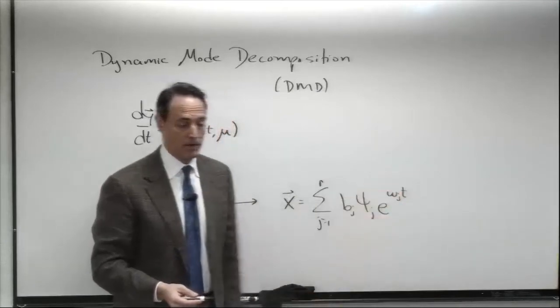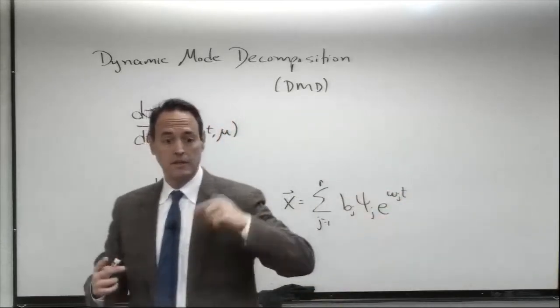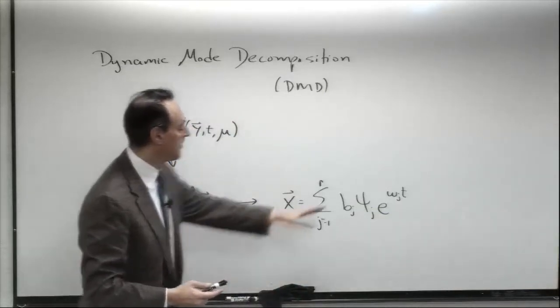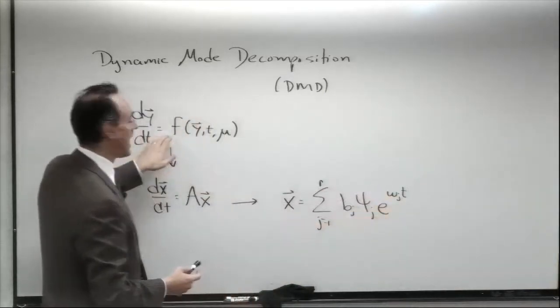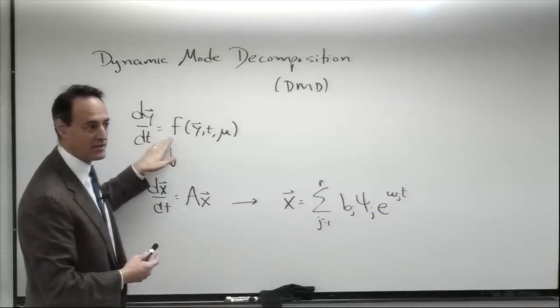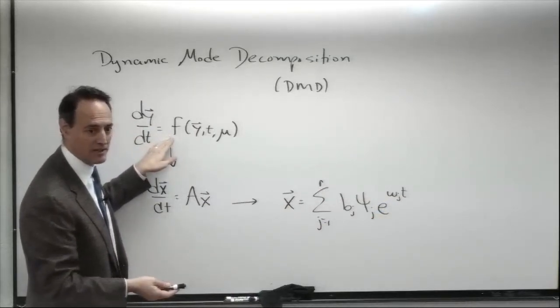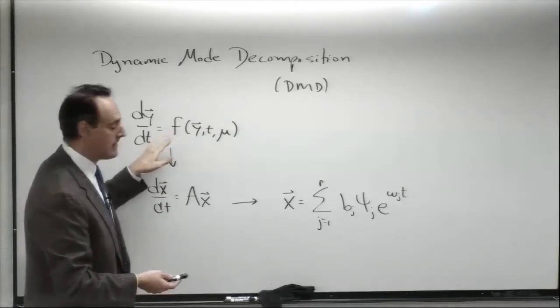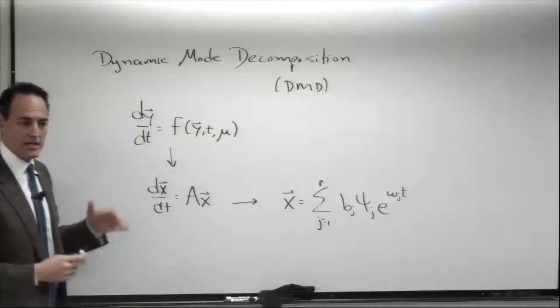I can put any time I want in there, including a time in the future. And so I can get a prediction from this model very easily by doing this, whereas I can't even get a prediction for the future for this model because I don't know what F is. It's not like I can simulate the future. All I have is data, okay? Everybody go with that? So that's the idea of DMD, yeah?